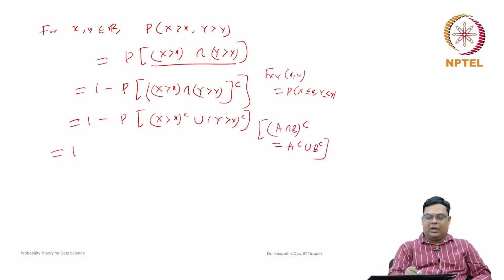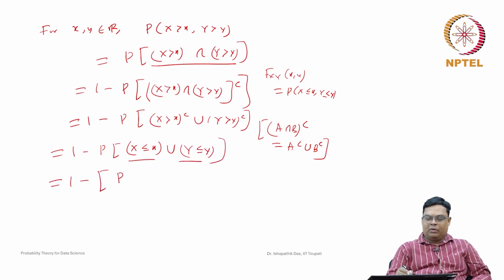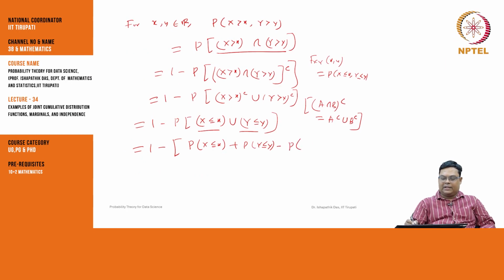This is nothing but 1 minus the probability of X less than or equal to x union Y less than or equal to y. This is some A union B, then 1 minus the probability of A union B, and we know the formula: probability of A plus probability of B minus probability of A intersection B, that is X less than or equal to x intersection Y less than or equal to y.